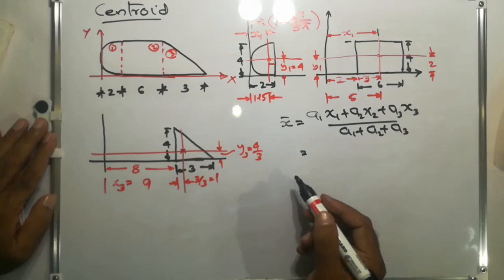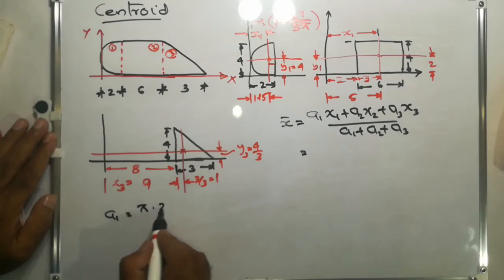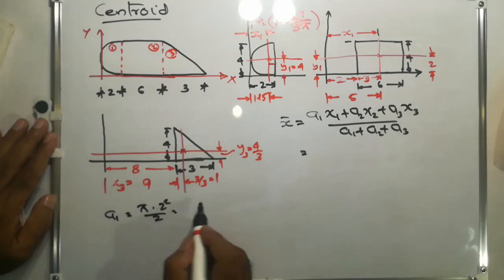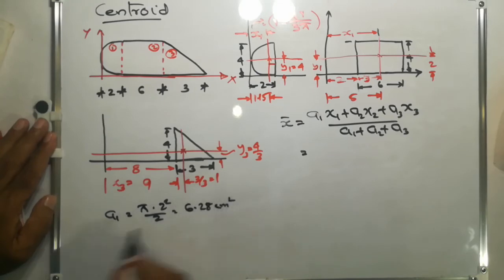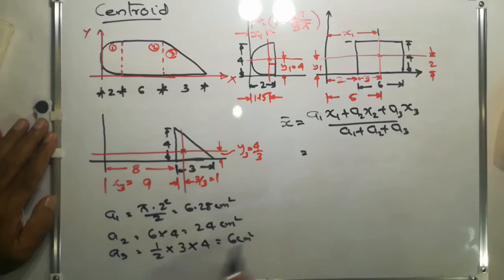So a1 is pi into 2 square by 2, equal to 2 pi, equal to 6.28 centimeter square. a2 equal to 6 into 4 equal to 24 centimeter square, and a3 is equal to half into 3 into 4 equal to 6 centimeter square.